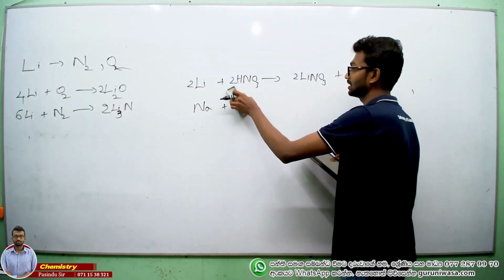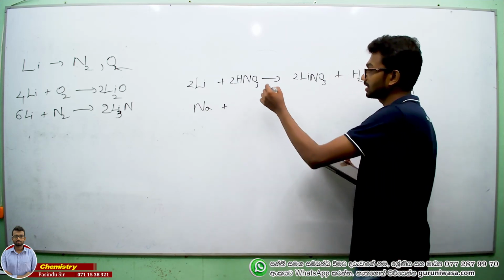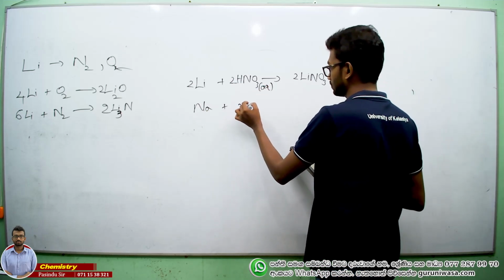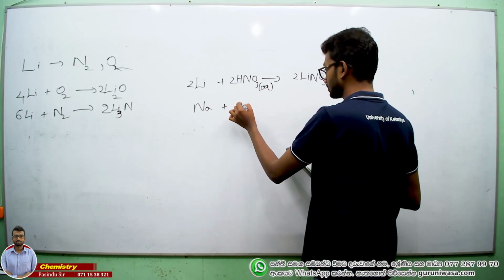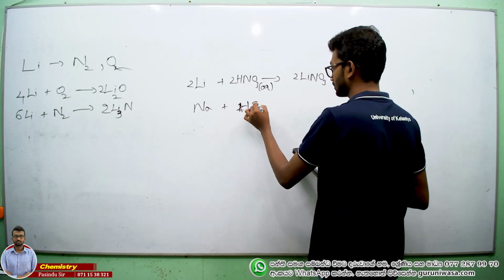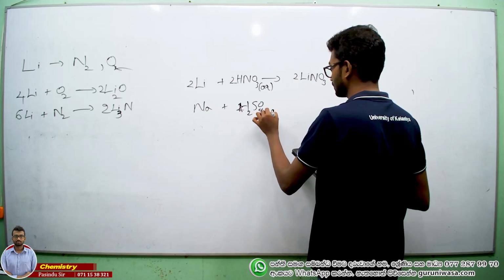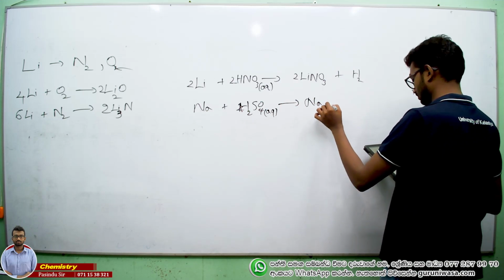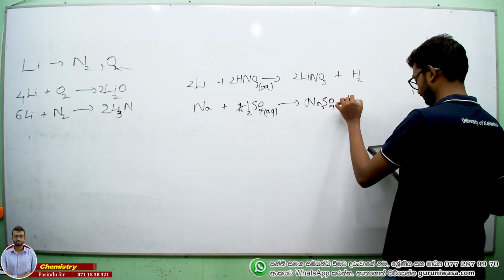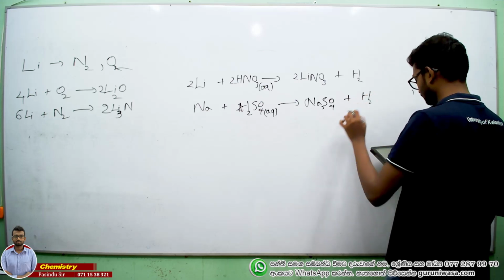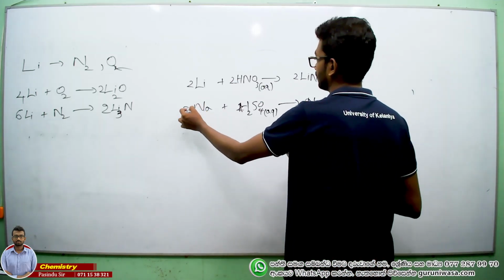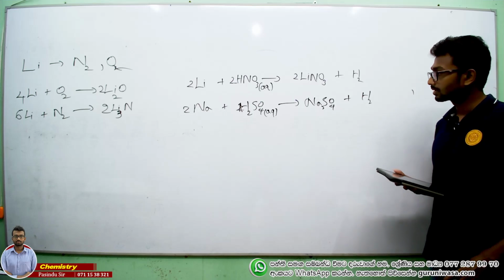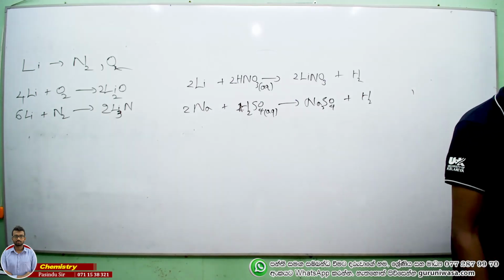Just write aq, it's enough. That means dilute. So I put aq to mention dilution. Na2SO4 plus H2. Right. Okay. Copy the equation.